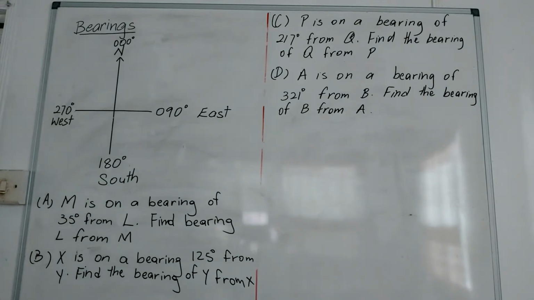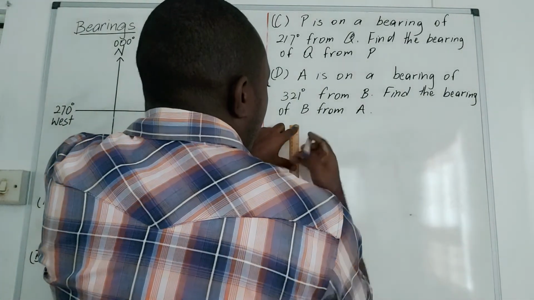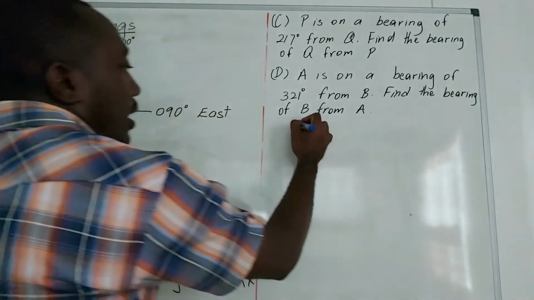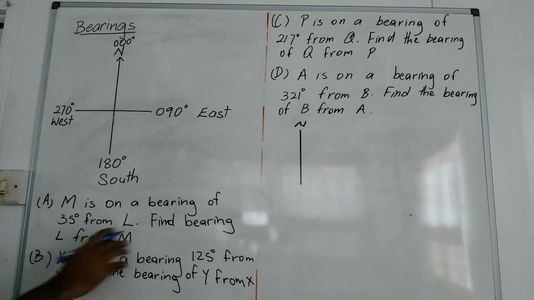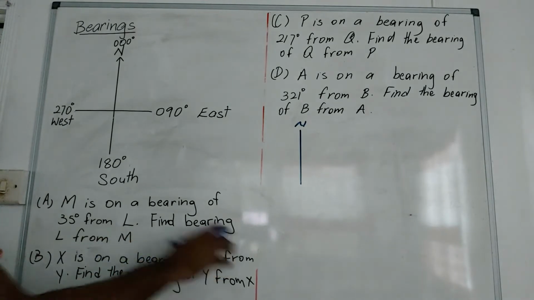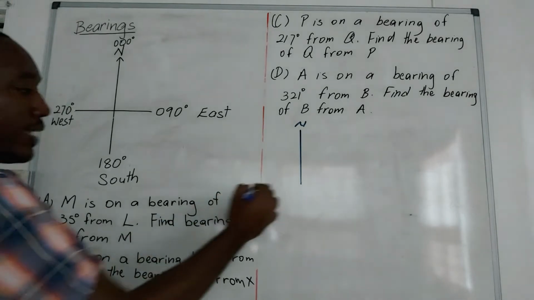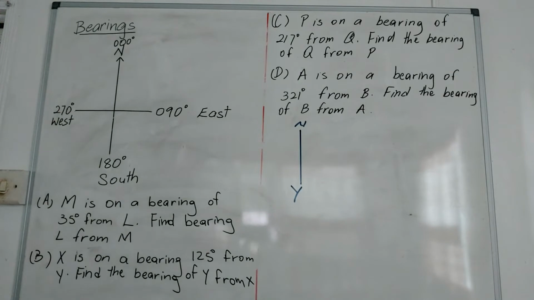So we have our north line, and if X is on a bearing of 125 from Y, it means Y is our starting point, and it's on a bearing of 125 degrees.